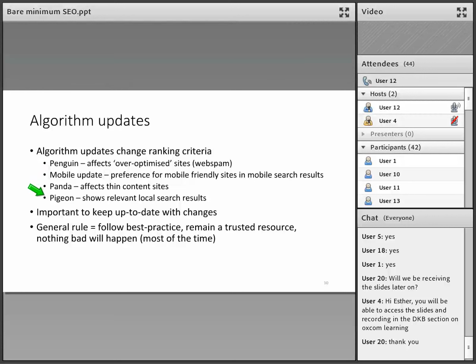And Pigeon is all about showing relevant local search results. So I'm sure you start to realize if you do a search from your mobile, and obviously depending on where you're located at the time, using GPS or the Wi-Fi signal you're on, Google will determine that if I was searching for, for example, a marketing agency, it's going to show me a map result with marketing agencies that are local to me.